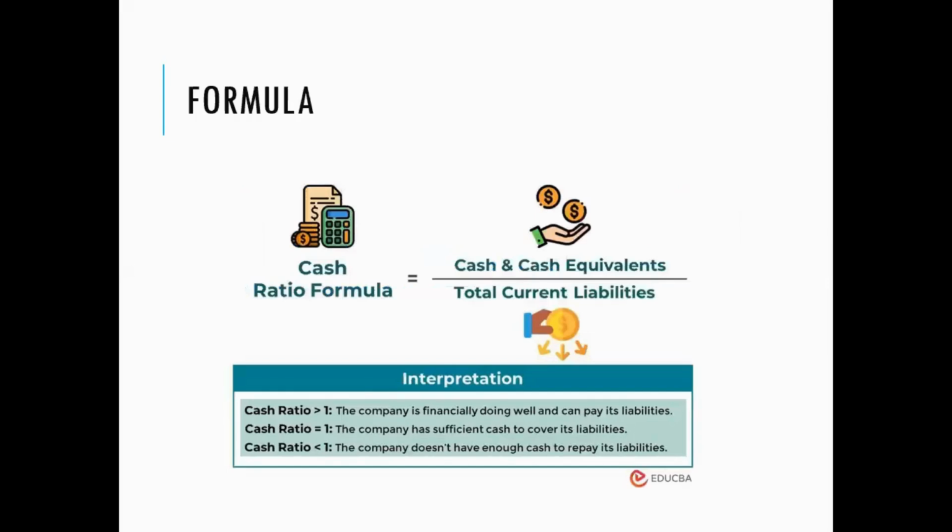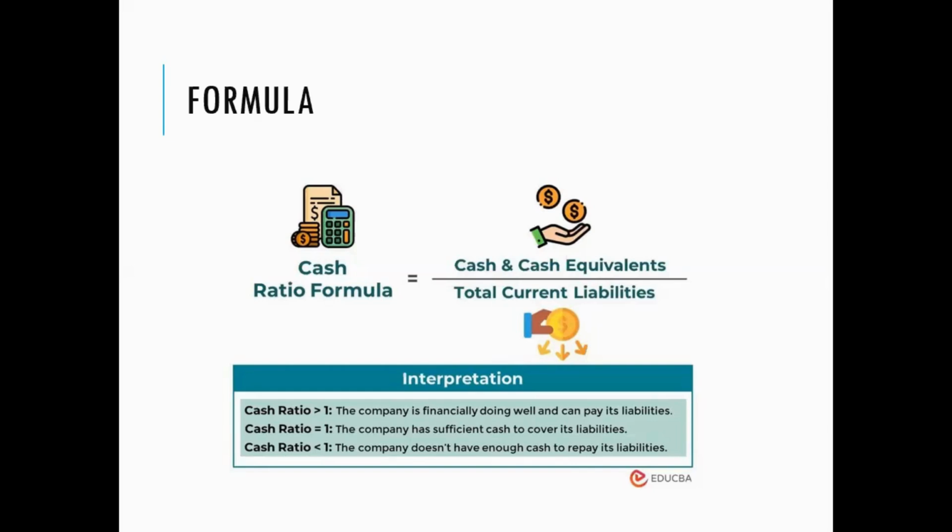Here is the formula of cash ratio. The formula of cash ratio is cash and cash equivalents divided by total current liabilities. If the cash ratio is greater than 1, then the company is financially doing well and can pay its liabilities.